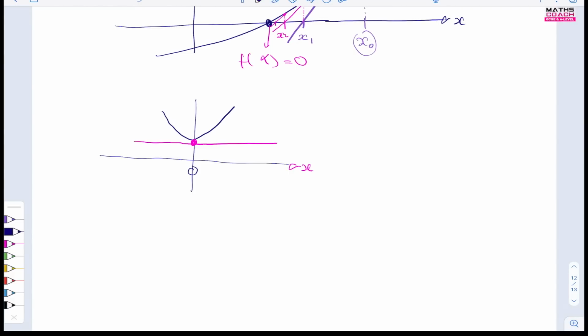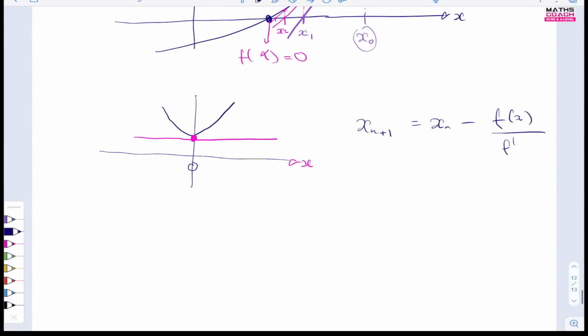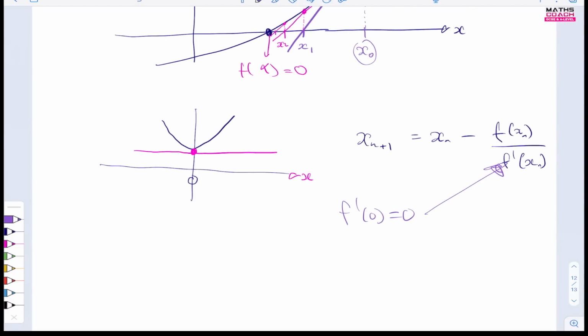Another way of explaining this is to just look at the Newton-Raphson formula. f dash at 0 equals 0, and you can see here that in Newton-Raphson you end up dividing by 0. You get division by 0 in the Newton-Raphson formula. So there's two explanations.